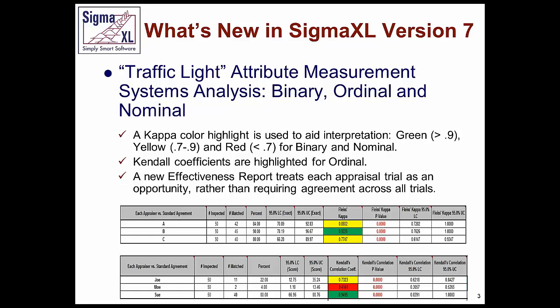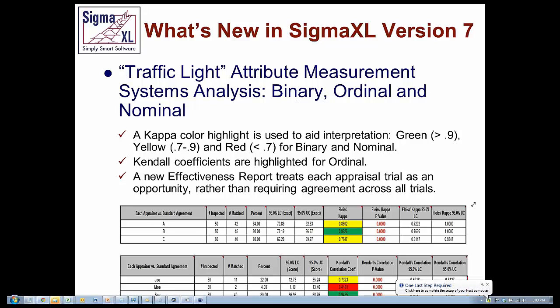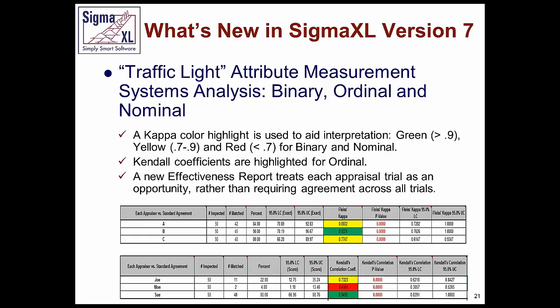We also, in version 7, added what's called an effectiveness report, where each appraisal is considered uniquely. That is, we do not require agreement across all trials and agreement across all appraisers, but treating each appraisal as an opportunity, how well does the measurement system do? So we call that an effectiveness report. You have your percent agreement, your confidence intervals, you have kappa scores, and especially for somebody just starting, it can be very overwhelming.